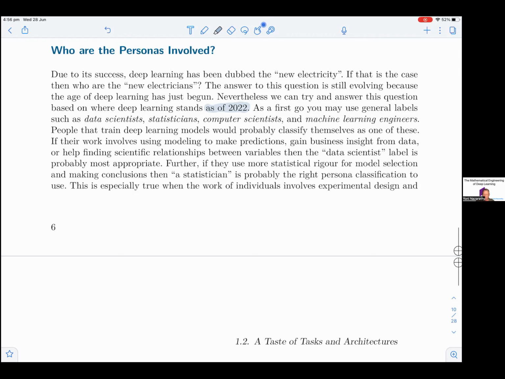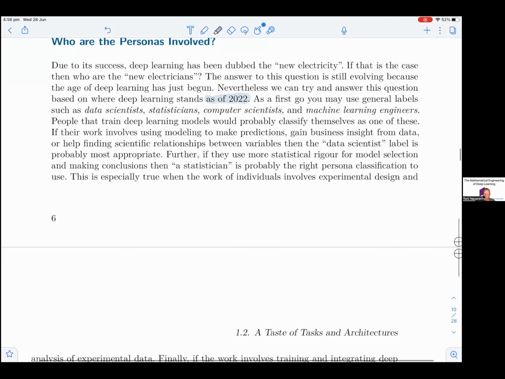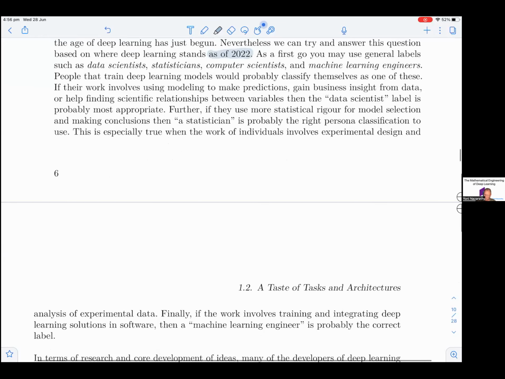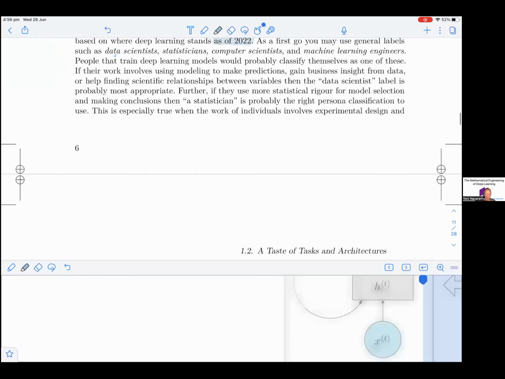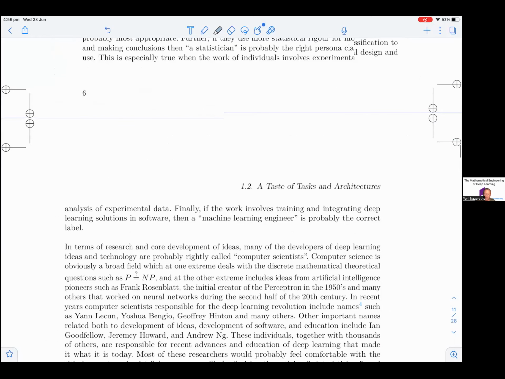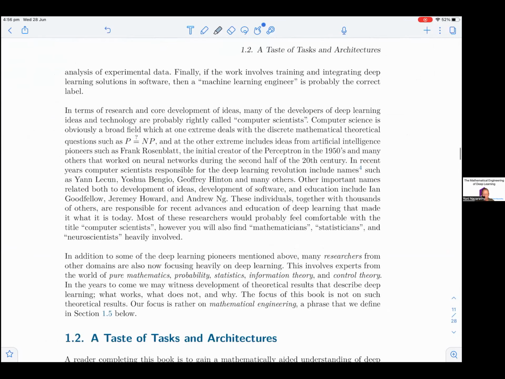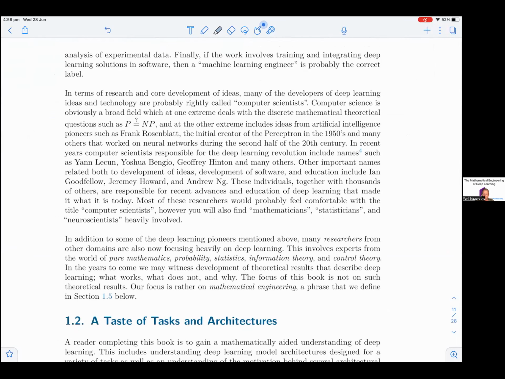Further, if they use more statistical rigor for model selection and making conclusions, then a statistician is probably the right persona classification to use. This is especially true when the work of individuals involves experimental design and analysis of experimental data. Finally, if the work involves training and integrating deep learning solutions in software, then a machine learning engineer is probably the correct label.